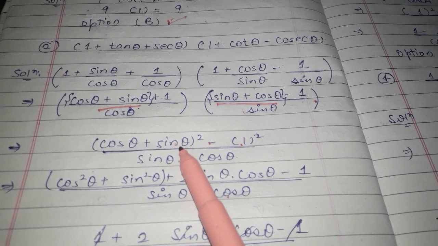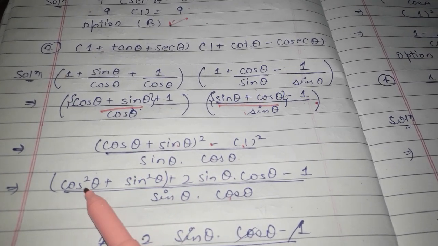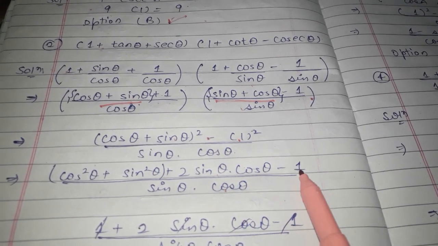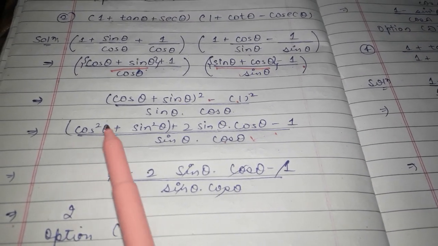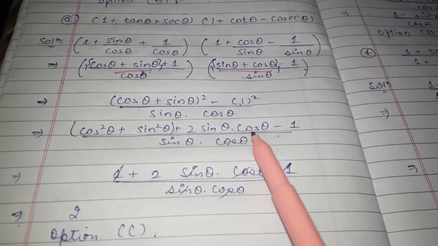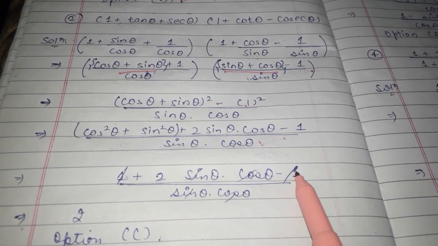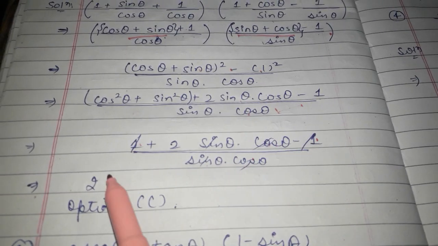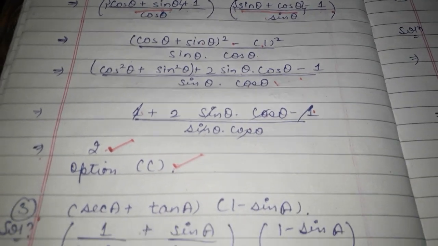Now we will expand this formula: (A plus B) square is A square plus B square plus 2AB, minus square of 1, which is 1. LCM is as it is. Now as we know, cos square theta plus sin square theta is 1, plus 2 sin theta cos theta, minus 1, upon sin theta cos theta. Positive 1 and negative 1 will get cancelled out. Sin theta by sin theta, cos theta by cos theta, 2 will remain, and option C will be the correct option.